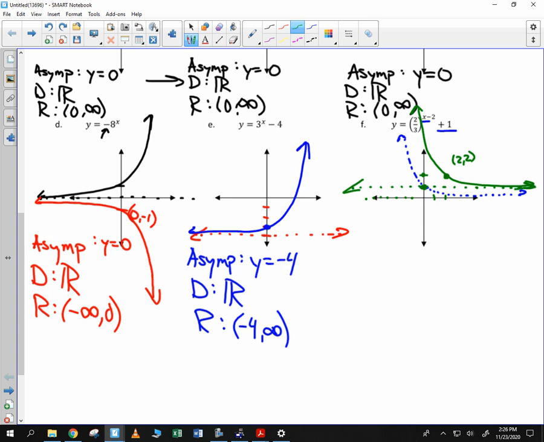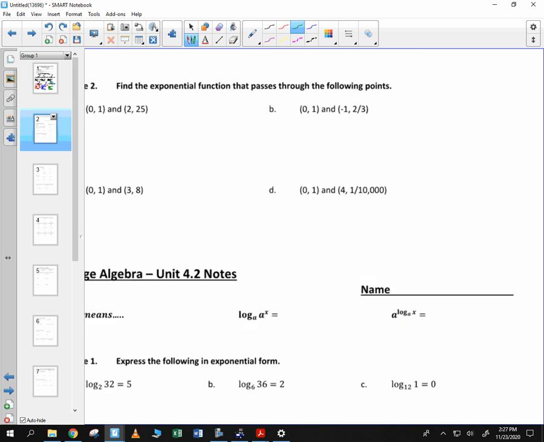So right 2 and up 1. The asymptote in that situation is y is equal to 1. The domain is all real numbers. And the range in this situation is going to be from 1 to infinity. So you should be able to perform transformations of exponential functions.